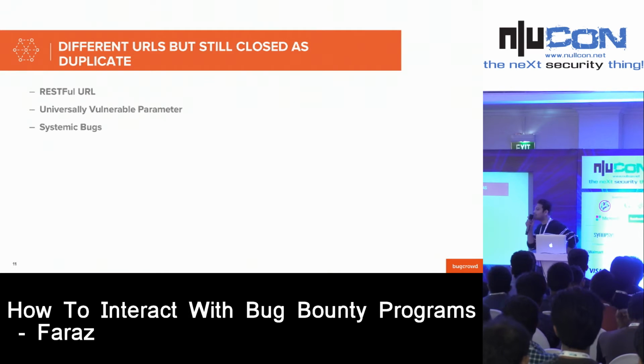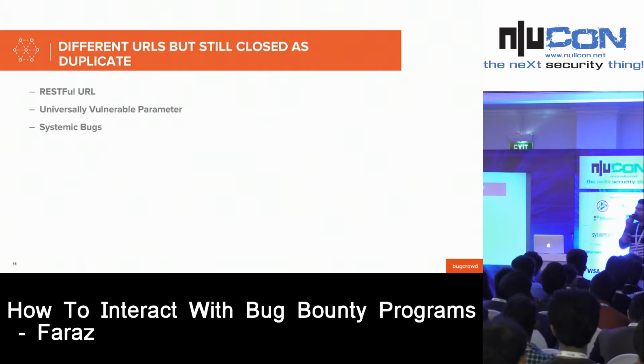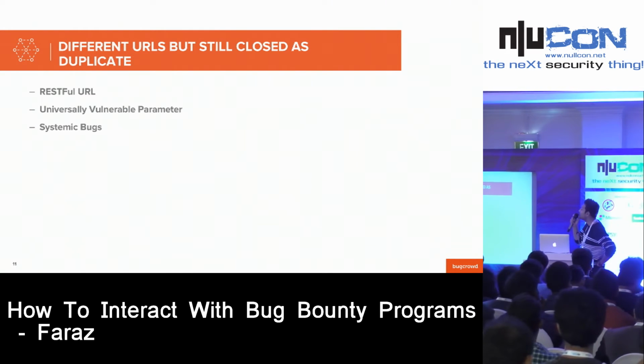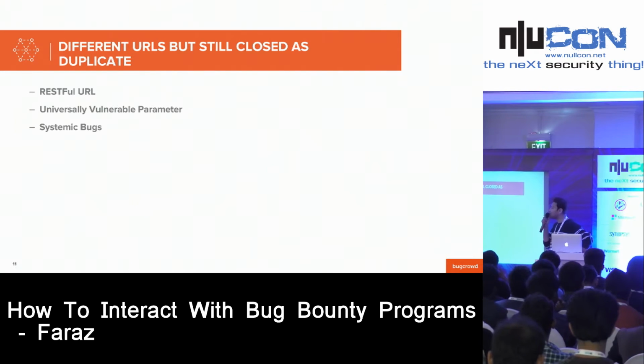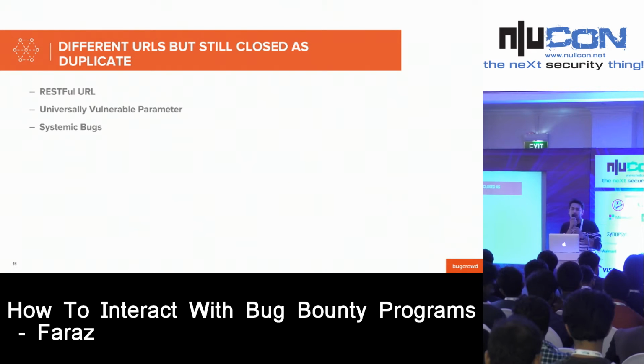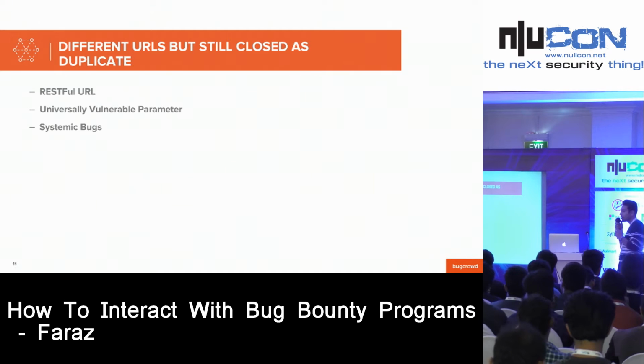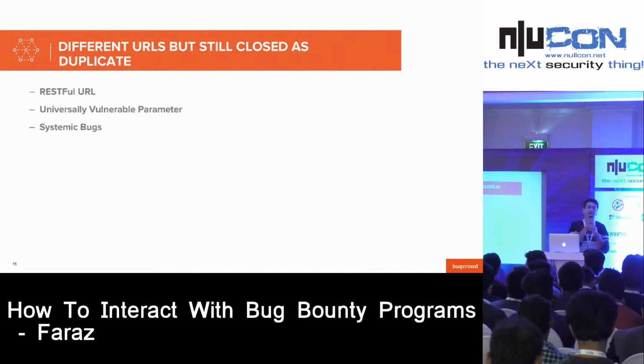Many times researchers get confused and tell us that this URL is different, that the one they reported is different. So we try to let them know about the RESTful thing, so they can develop an understanding of it. Then the universally vulnerable parameter. Has anybody seen universally vulnerable parameters?